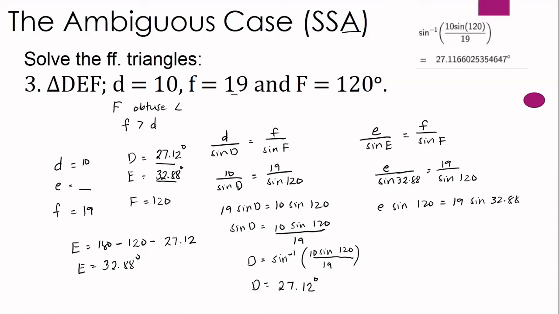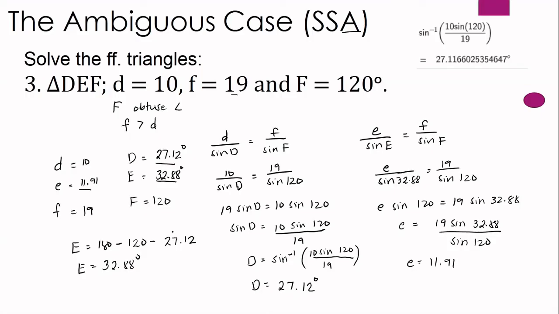E ang hahanapin natin, so E is equal to 19 sine 32.88 over sine 120. And then calculator lang ang gagamitin ninyo. If you use a calculator, E will become 11.91.